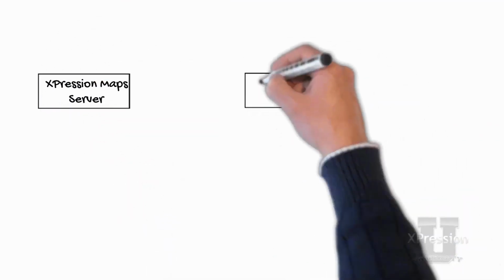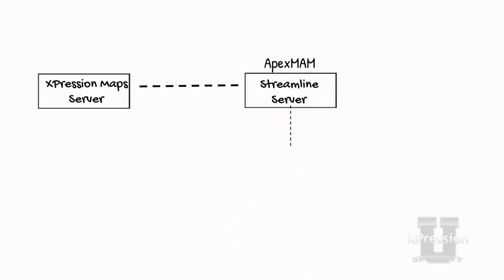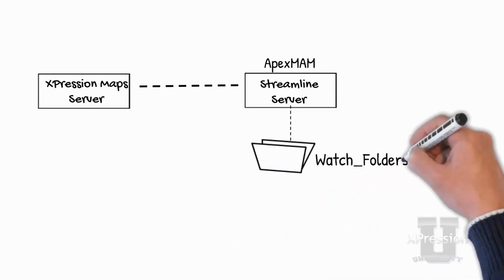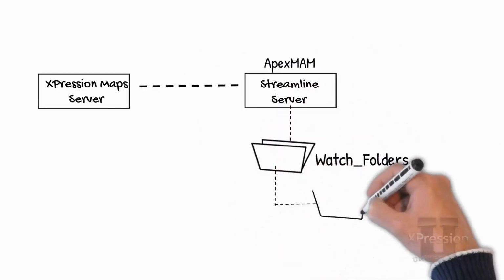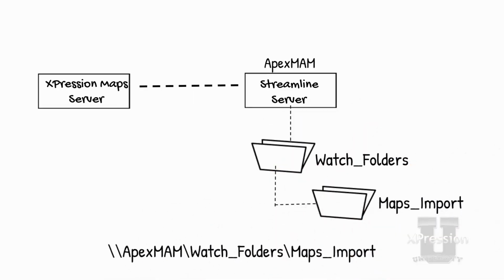So what we've done here is we've decided we're going to put this into Streamline, and my Streamline server's name is Apex MAM. So on the network computer, Apex MAM, we've created a folder called watch_folders, and in there we've created a subfolder called maps_import, and we've given the proper user rights management so that we can work with this.